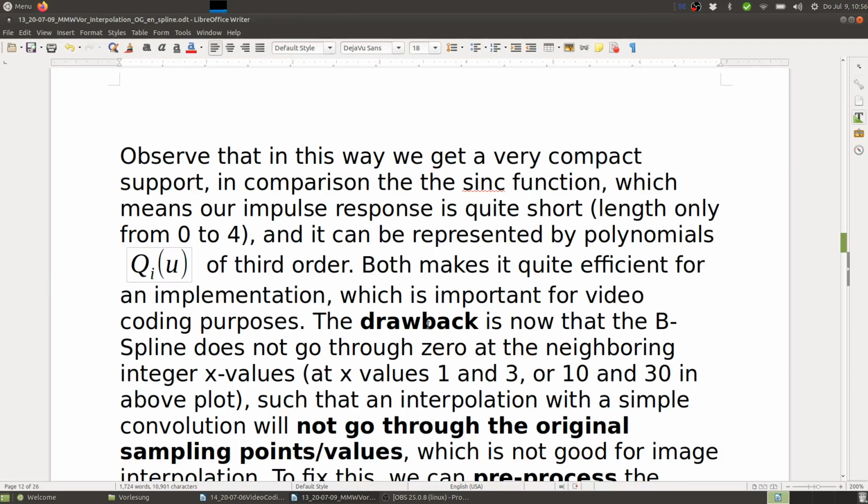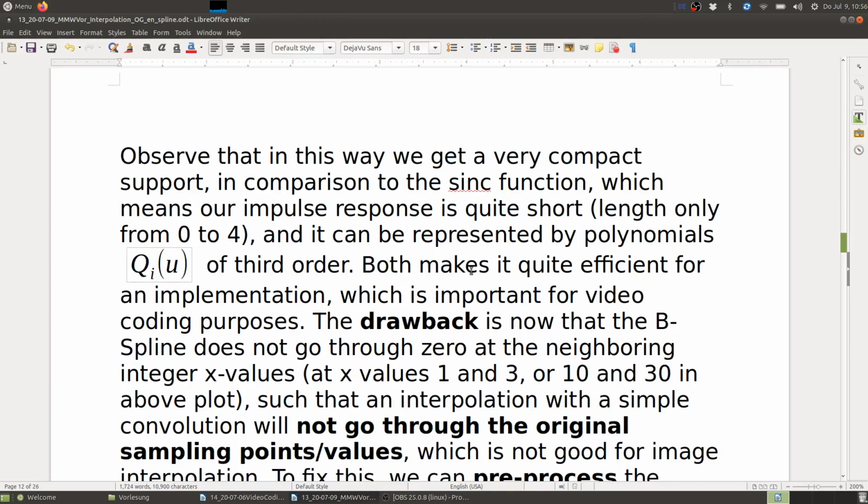Yeah, so in this way we get a very compact support just from 0 to 4 and 0 outside, in comparison to the sinc function, right? So the sinc function was infinitely long, which means our impulse response is quite short, length only from 0 to 4, and it can be represented by polynomials qi of u of third order, right, as we will see.